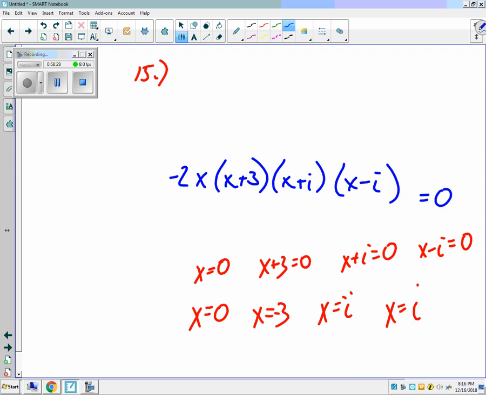Number 16 is just the opposite. They're going to have it multiplied out, and you use P's and Q's, factor it, synthetic division. 1, 2, 3, 4. Yeah, make sure it works as a check for yourself, to make sure you get all the complex conjugates in.